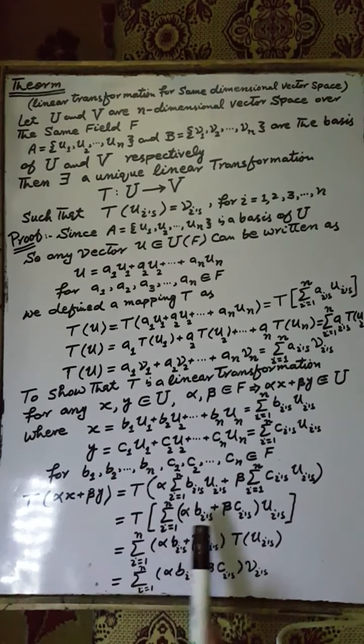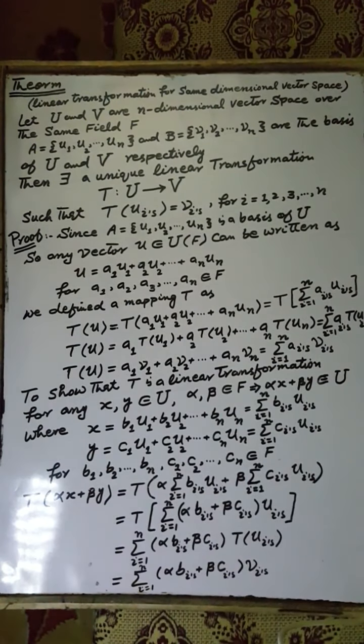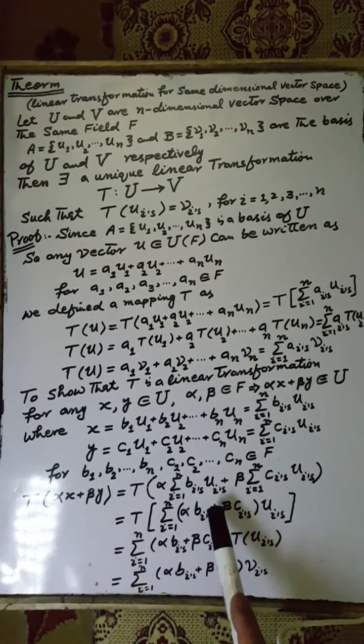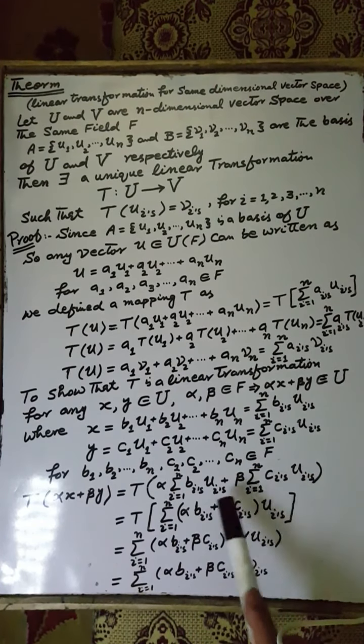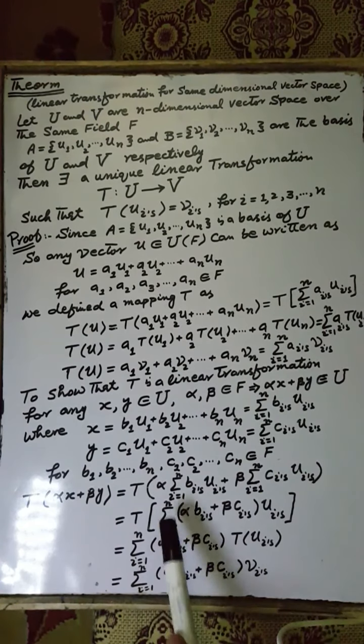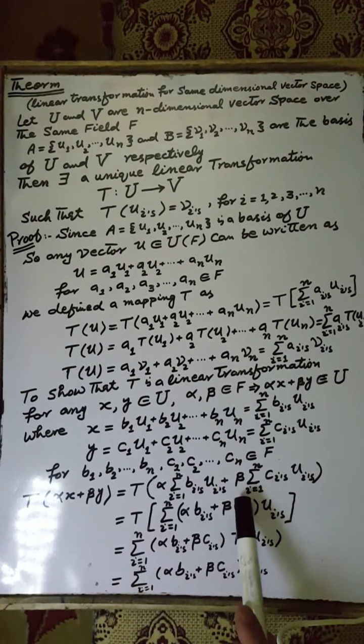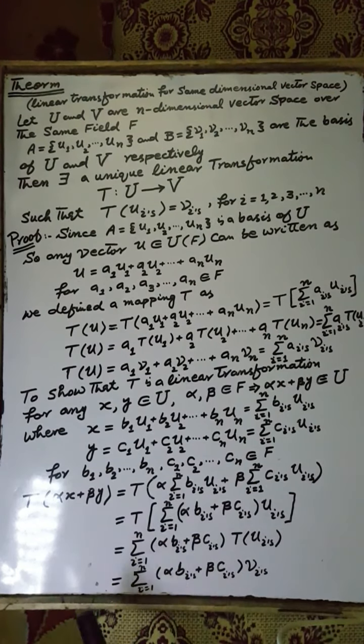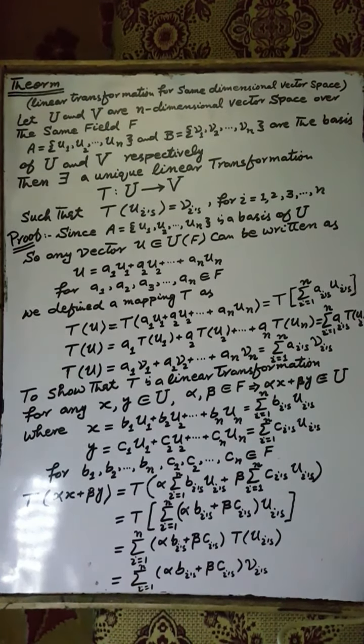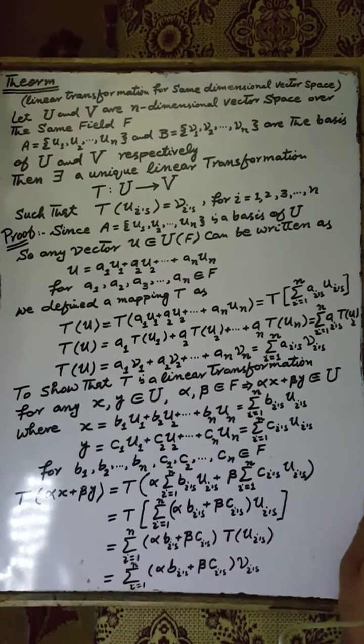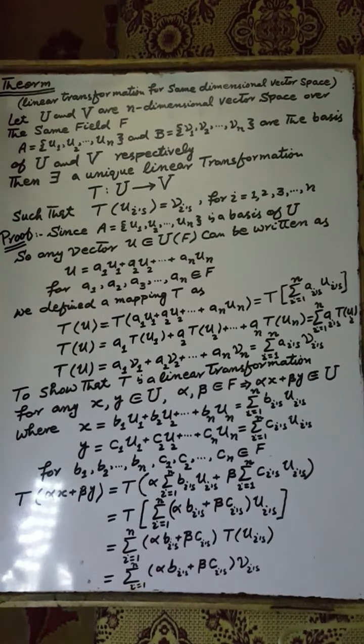We can rearrange this equation, since ui is common in these two terms. We have the summation, i = 1 up to n, of (alpha bi + beta ci) ui. And according to the given condition, the summation of ai ui can be written in the form of the summation, i = 1 up to n, of ai T(ui).